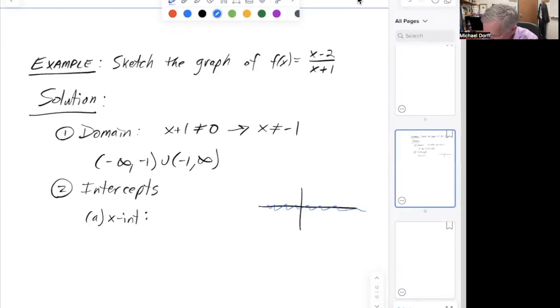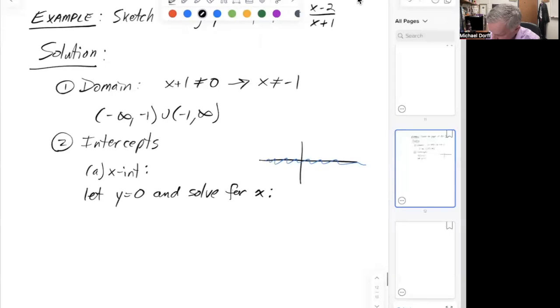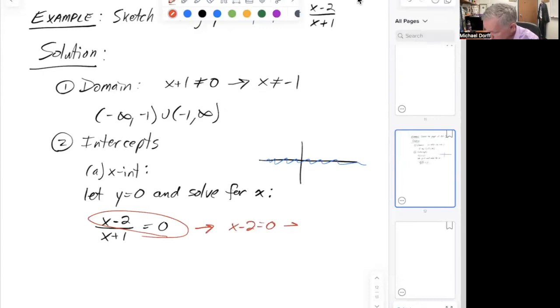That would be the same thing as we let y equal 0 and solve for x. So in this case, that's going to be x minus 2 over x plus 1 equals 0. When I have that, that means I want to let my numerator equal 0. So this is going to give me x minus 2 equals 0, or x is going to equal 2.